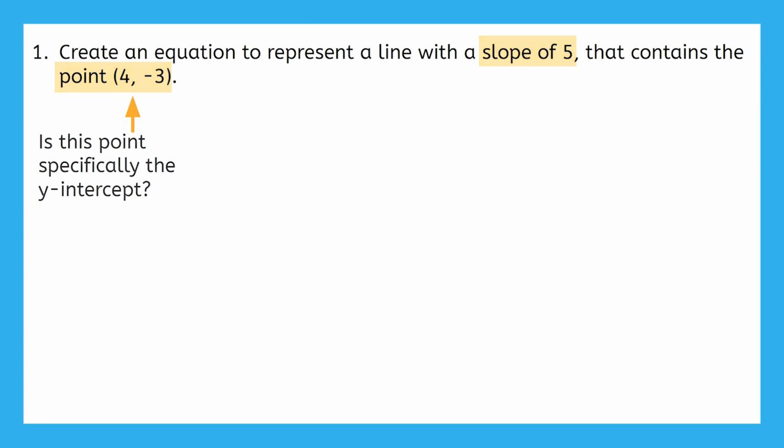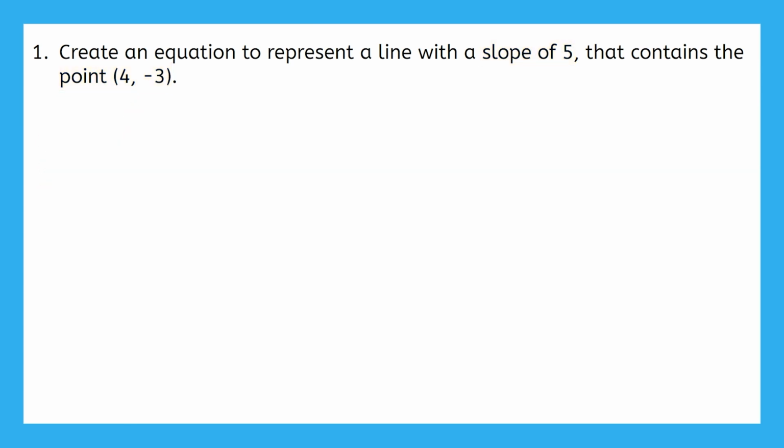So rather than using slope-intercept form to create the equation, let's use point-slope form. The slope can be substituted in here. The x value of the point goes in here. And the y value of the point goes here.